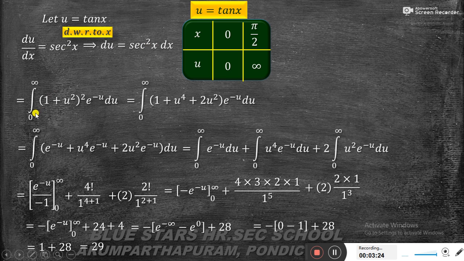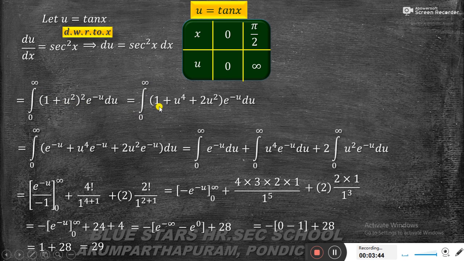Therefore we write integral 0 to infinity of 1 plus u square whole square e power minus u du, where du means secant square x dx. In the next step, apply the formula a plus b whole square equals a square plus b square plus 2ab.